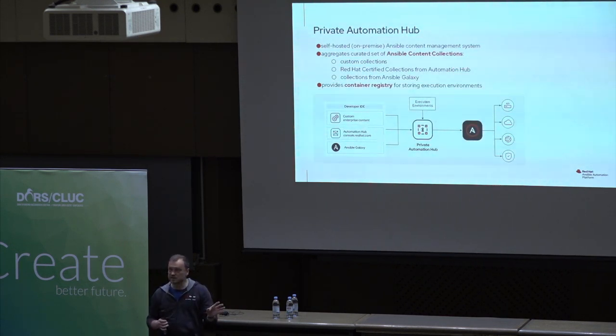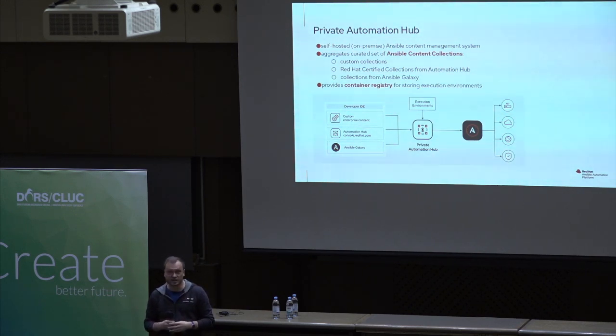Private Automation Hub is another component of the Ansible Automation Platform solution, and this is a place where we can store our components for automation. By components, I mean content collections, so we can aggregate Ansible content collections from three kinds of sources.